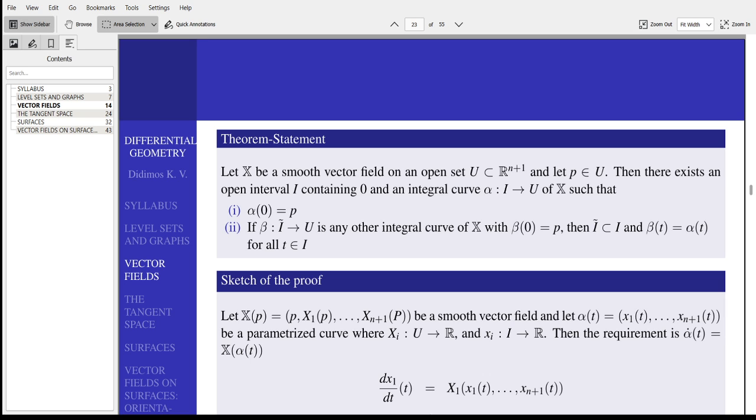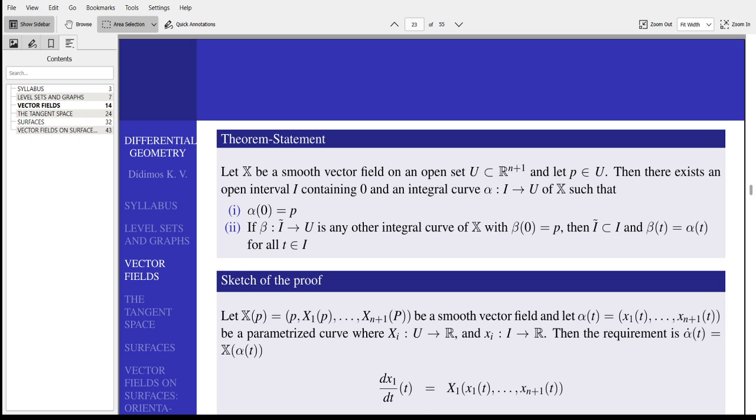So you can take the union of I1 and I2 as the domain. In I1 define alpha 1, and in I2 define alpha 2. Using that definition you can define a new function alpha on I1 union I2 that coincides with alpha 1 in I1 and with alpha 2 in I2.